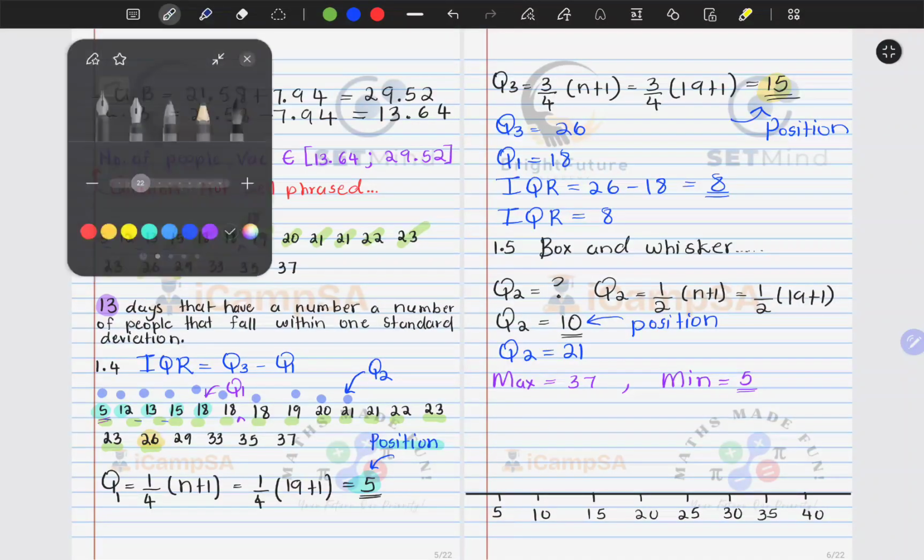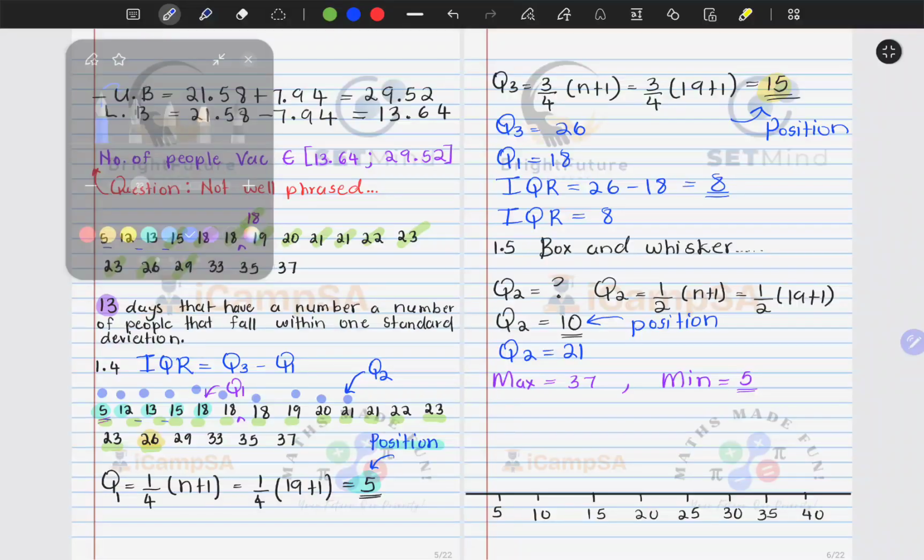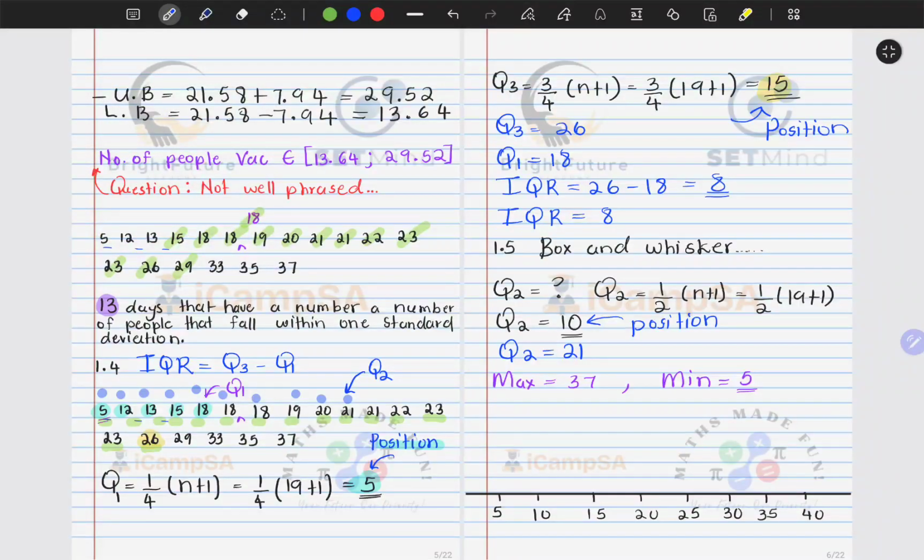Now with all of this in mind, we can go ahead and draw our box and whisker. The minimum is 5, so we're looking at something somewhere there. Our Q1, we found previously to be 18, which is just before 20. And our Q2, which is 21, is just after 20.